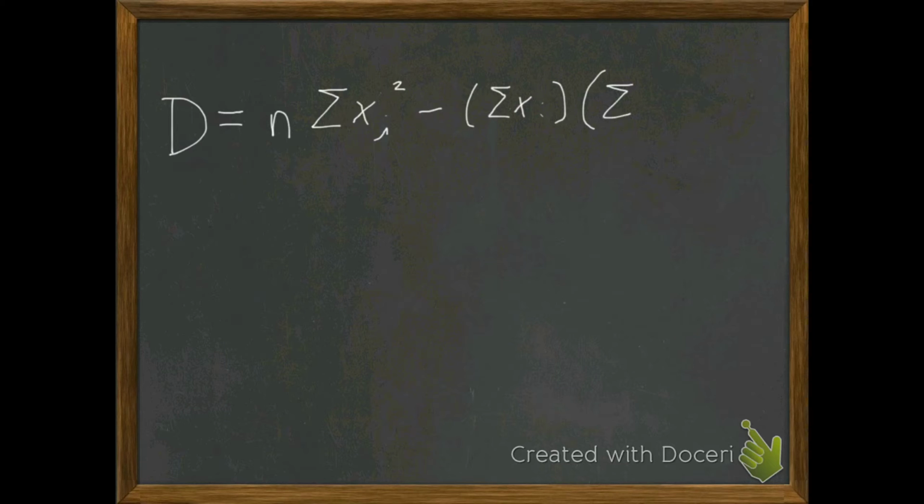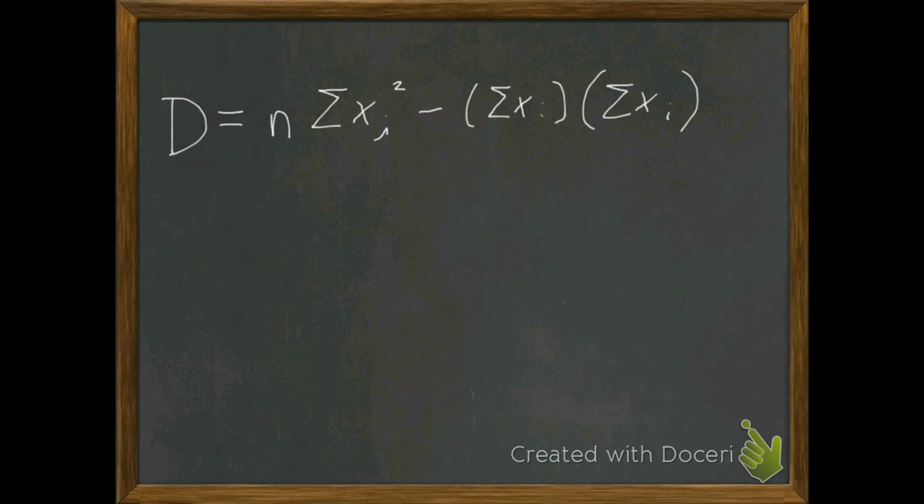All right. So the determinant here would be n times the sum of xi squared minus the sum of xi, squared. I don't know if you guys see that or not, but what happens on my iPad is I resize things and it annoys me.